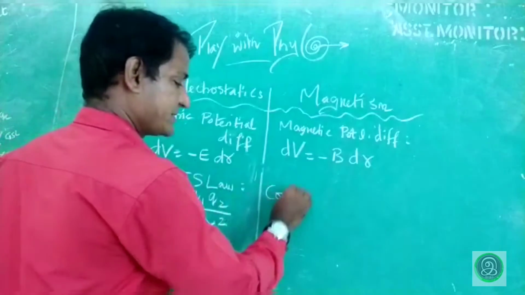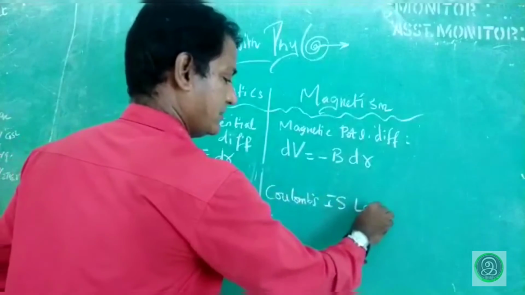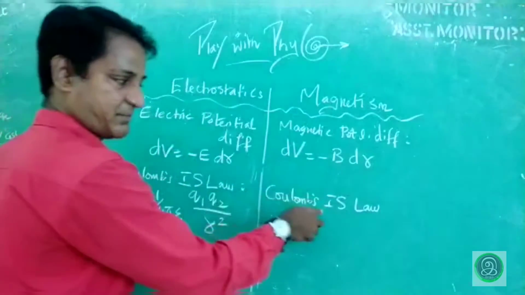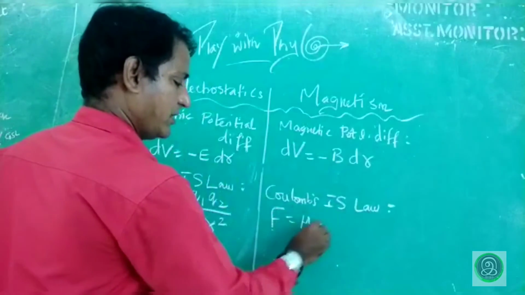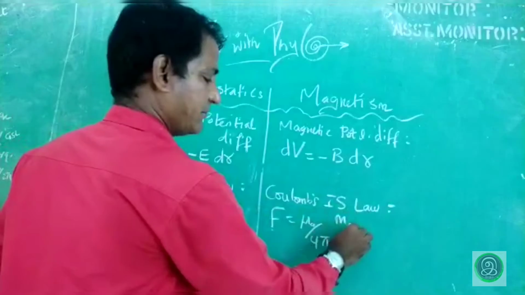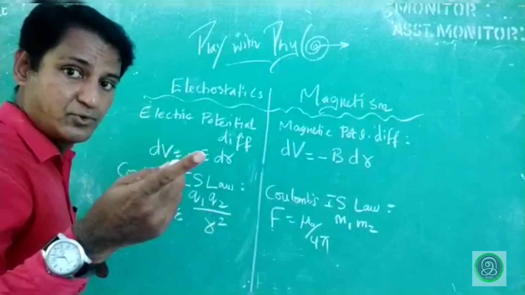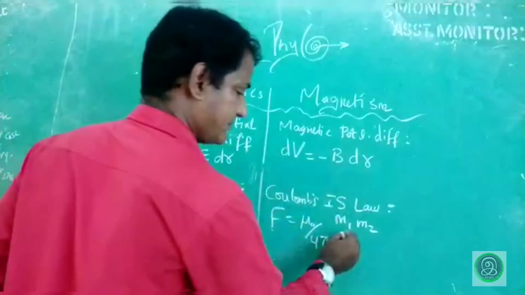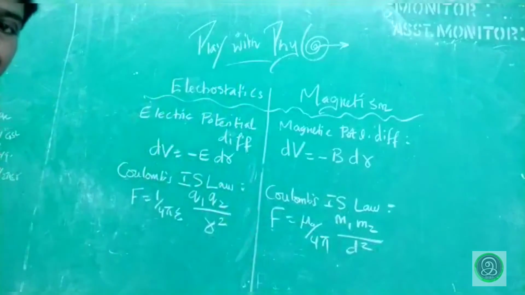And Coulomb's inverse square law. This is for electrostatics, this is for magnetism. So here F is equal to mu naught by 4 pi, in place of Q1, Q2, m1, m2, the two pole strengths of two different poles, right? By d squared. Right?